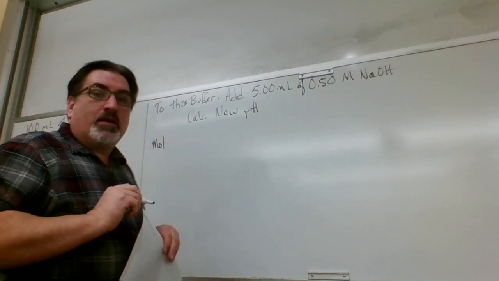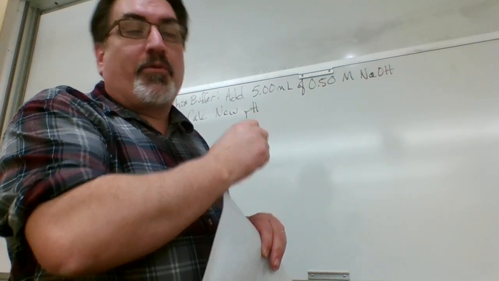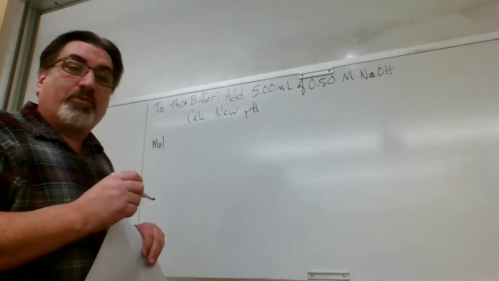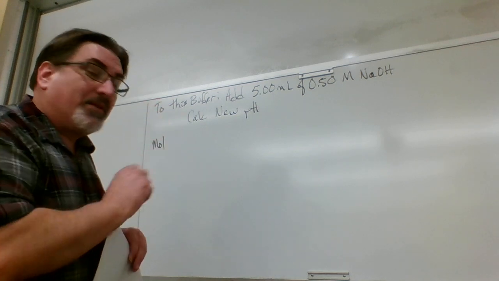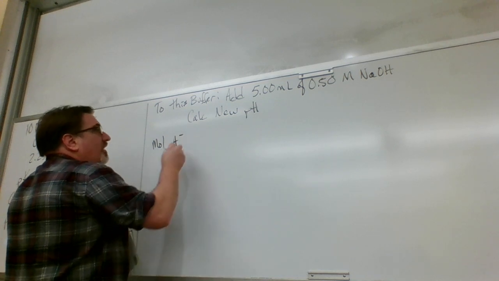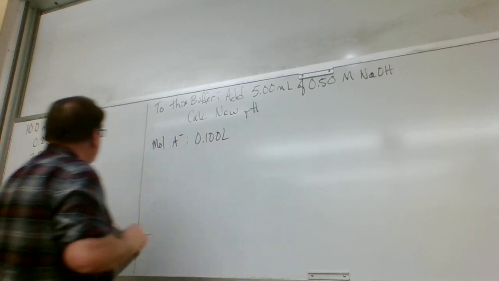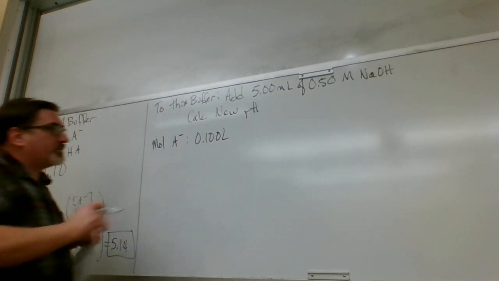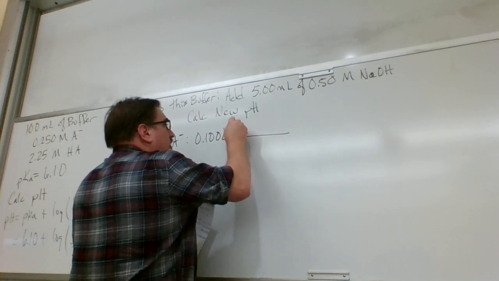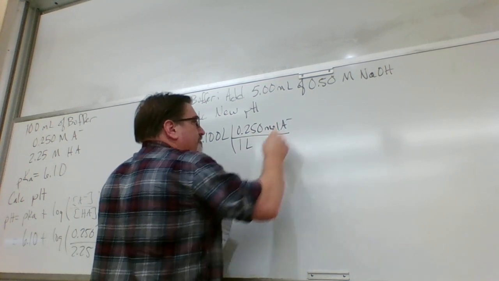So we're going to work this buffer problem in moles because we're going to need to calculate moles first. If we want to go to molarity, we could, but it's not necessary because, like we've mentioned before, we can work the Henderson-Hasselbalch equation in moles of A minus over moles of HA. So moles of A minus, we're going to calculate by taking our 0.100 liters of buffer, our 100 mL of buffer, and there were 0.250 moles of A minus per 1 liter of buffer.